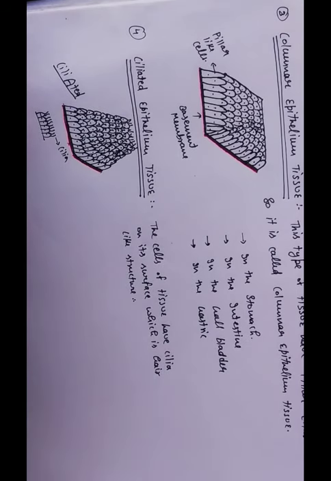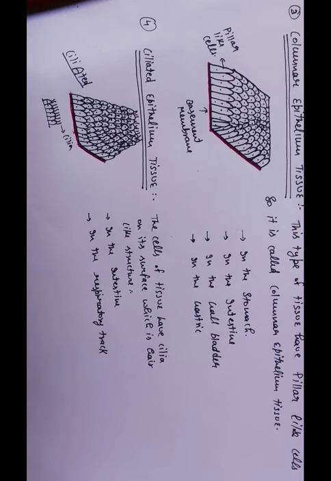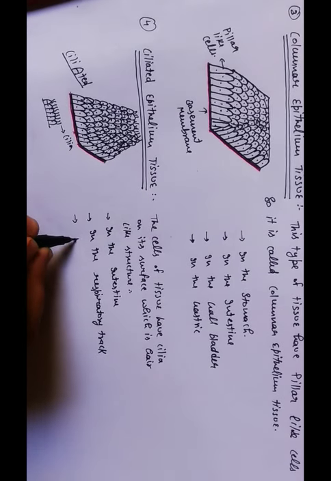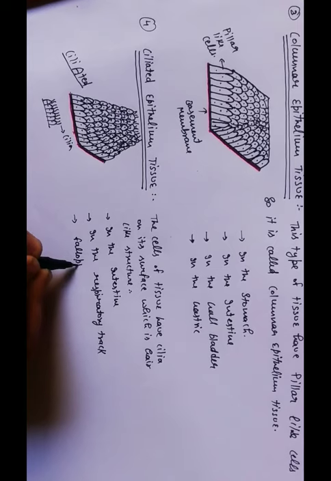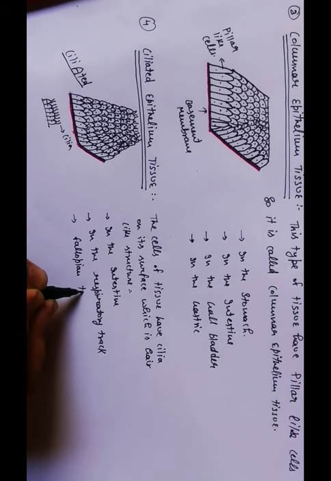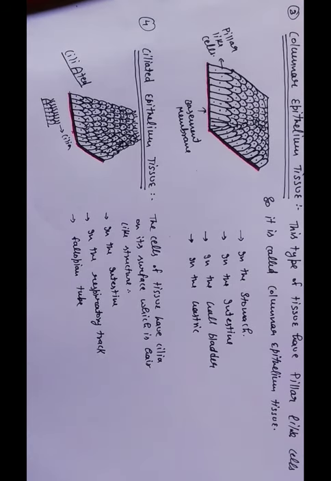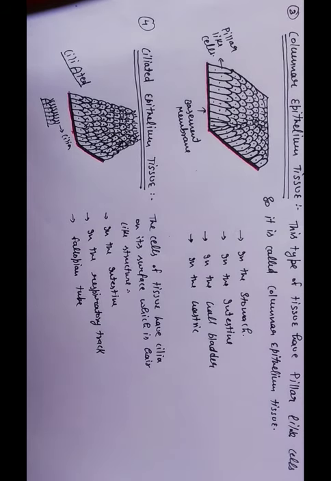So these types of tissues are present in the small intestine, in the respiratory tract of lungs. They are also present in the inner surface of fallopian tube. So these are all about the epithelium tissue.